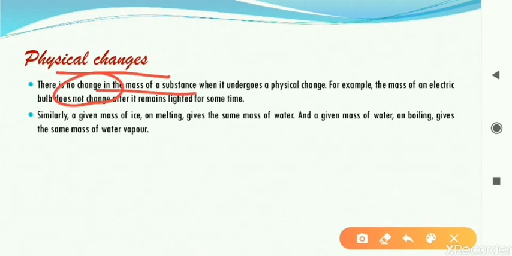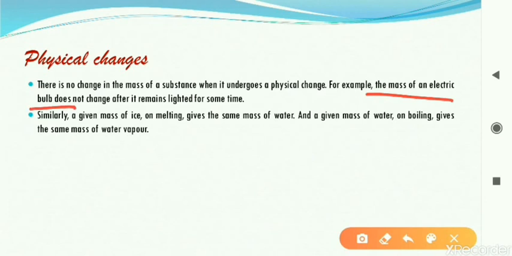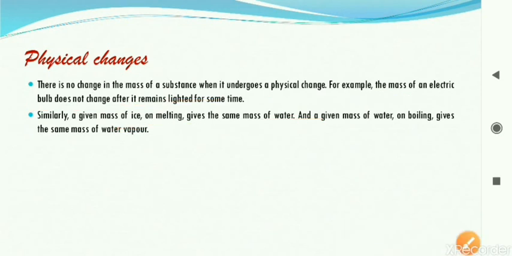Another example they have given: the mass of an electric bulb does not change even after it is lighted for some time. If you turn on the light, the mass will not change. The molecules present in that bulb will remain the same. Even if it heats up on turning on the light after some time, its weight or its mass does not change. Similarly, the example I already gave about ice and water is about physical change.